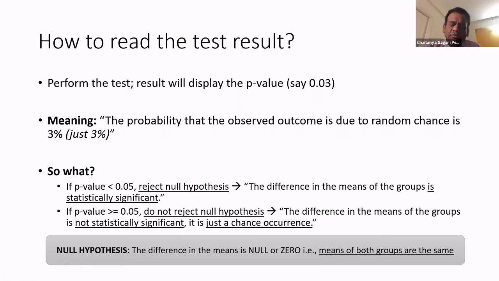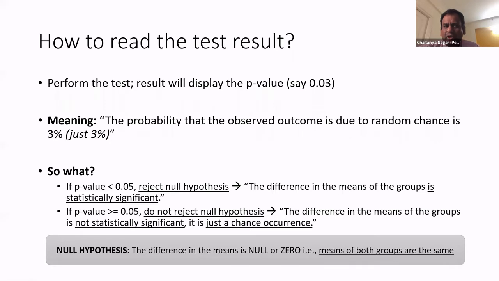Sai, what should be the connection between the null hypothesis and the actual test we are performing? Typically the null hypothesis is something that we assign, right? We say, okay, let's take this as the null hypothesis. But you can take anything as the null hypothesis.